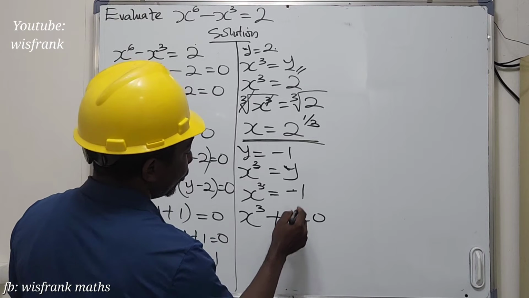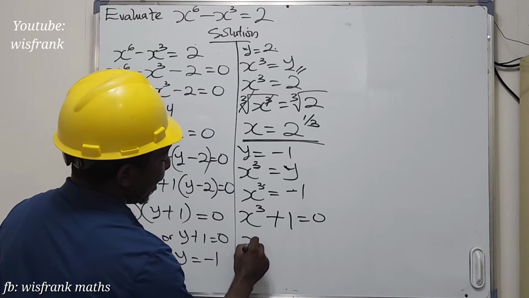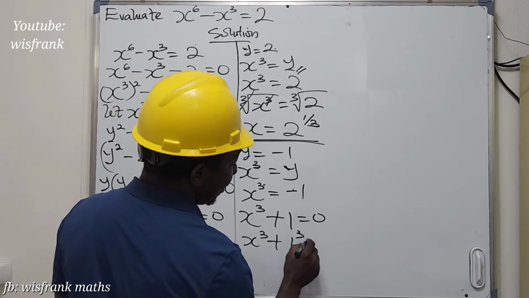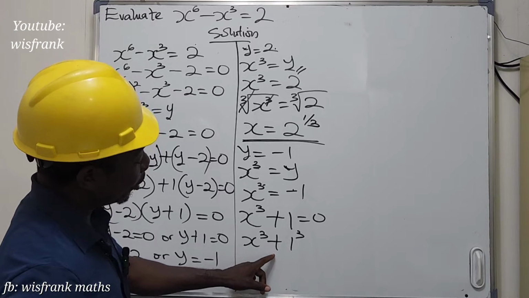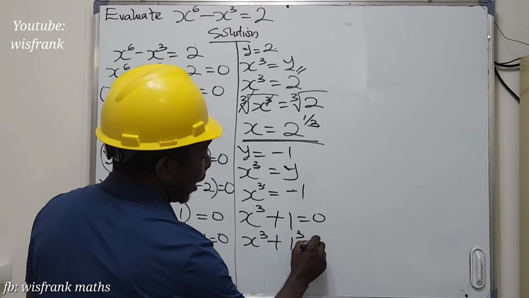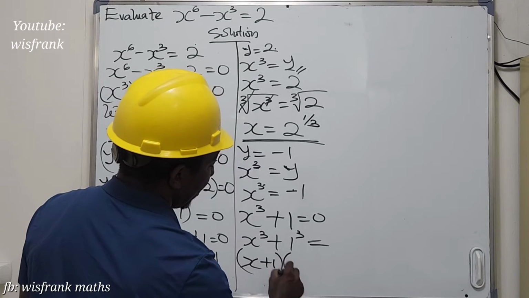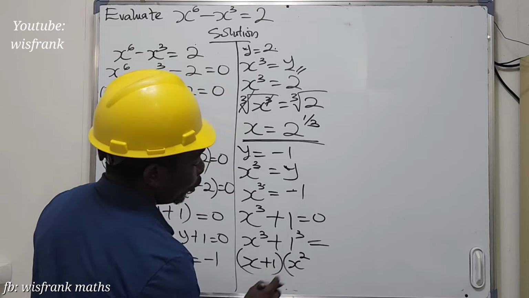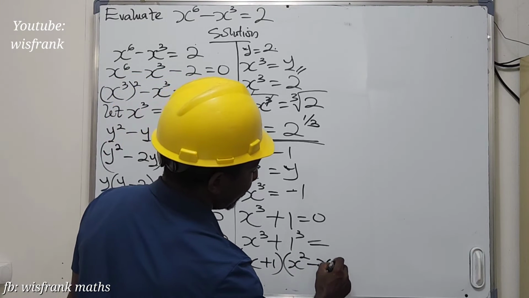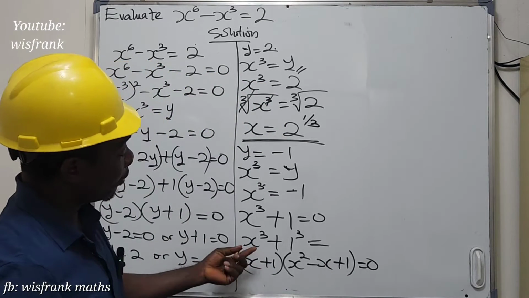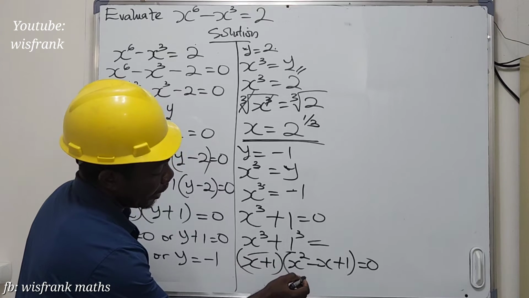So here, this is the same thing as x to the power of 3 plus 1 to the power of 3. So having this expression, it is in the form of a sum of cubes, and this will become x plus 1 into x to the power of 2 minus x plus 1 equals 0. So this is what we have when expressing this in this format.